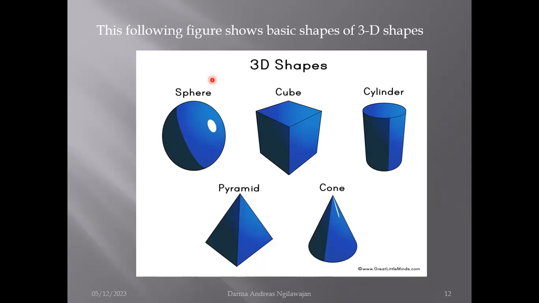Sphere. Atmosphere. Ya. Sphere. Yes. And then cube. Cube. Exactly. Third one, now in here, now you will hear about this pronunciation for this part, for this word. CY, INDER.